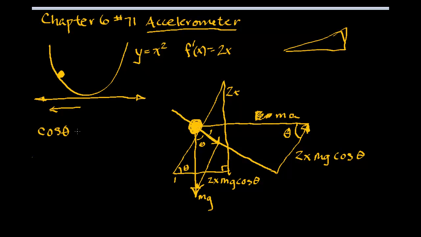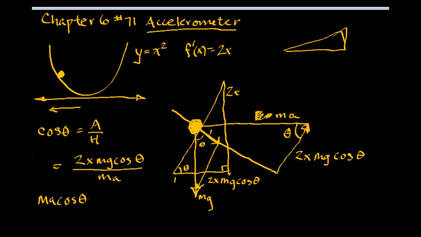Cosine theta equals adjacent over hypotenuse, and in this particular case that's 2x mg cosine theta over ma, and that equals cosine theta. So now I'll multiply both sides by ma, and I get ma cosine theta equals 2x mg cosine theta.